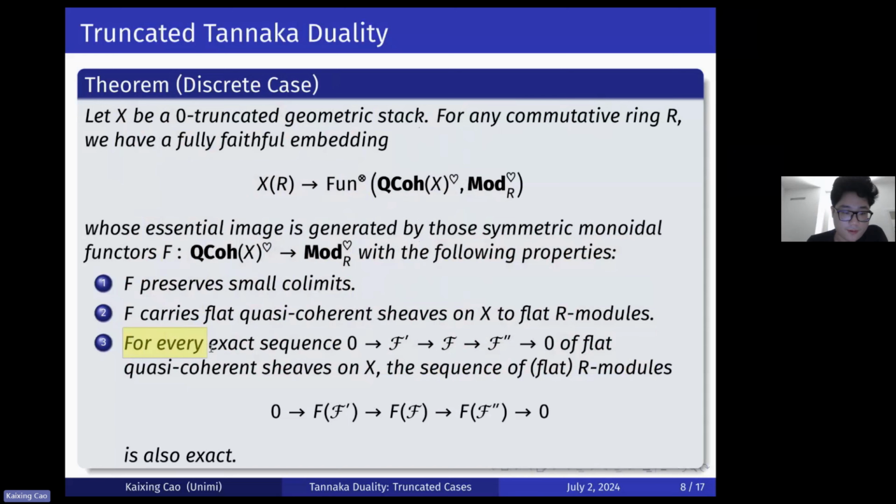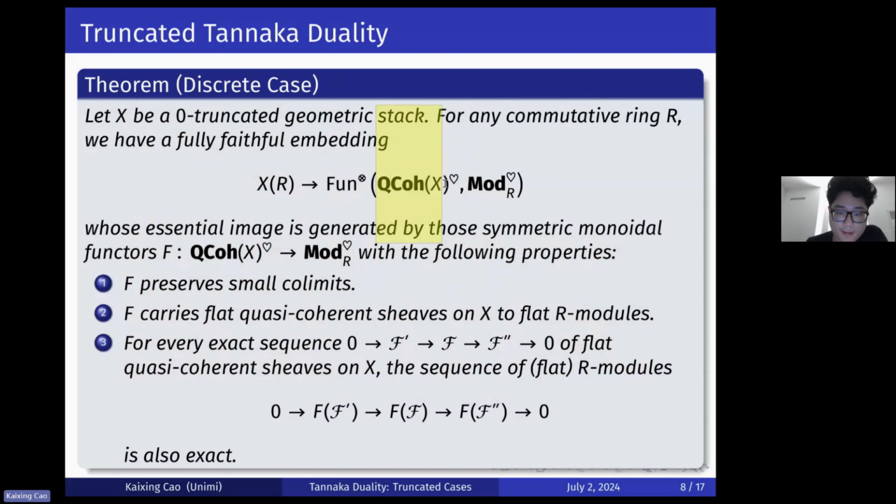And for the third requirement, it requires that F carries every exact sequence in which each term is a flat quasi-coherent sheaf on X to an exact sequence.